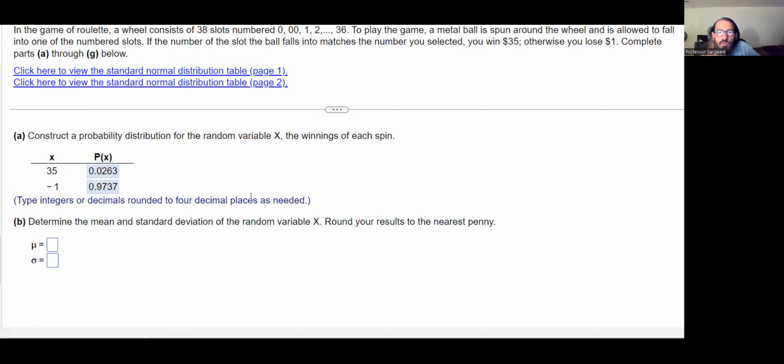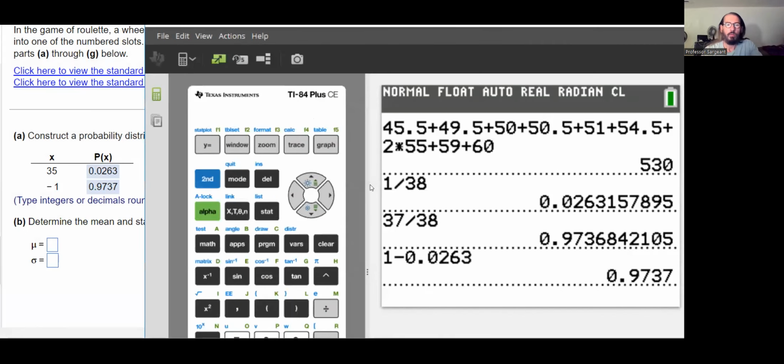Now the mean and the standard deviation. Okay. The mean would be 35 times the 1 over 38, so 35/38, plus the -1 score.